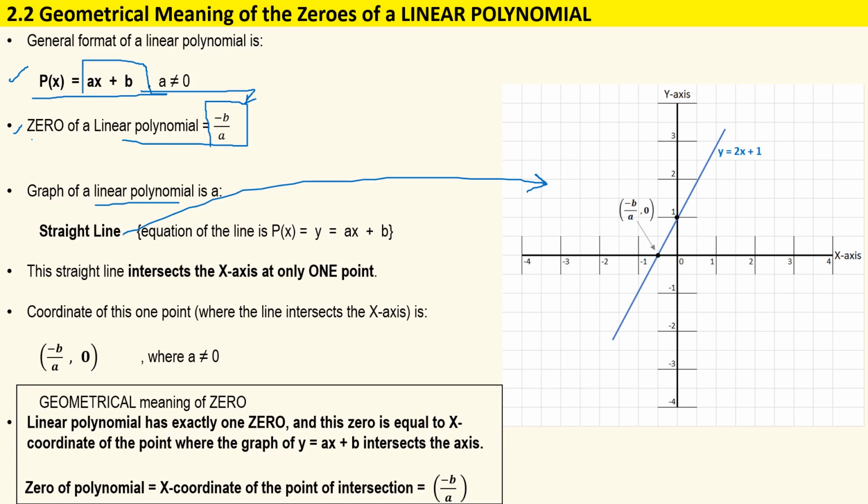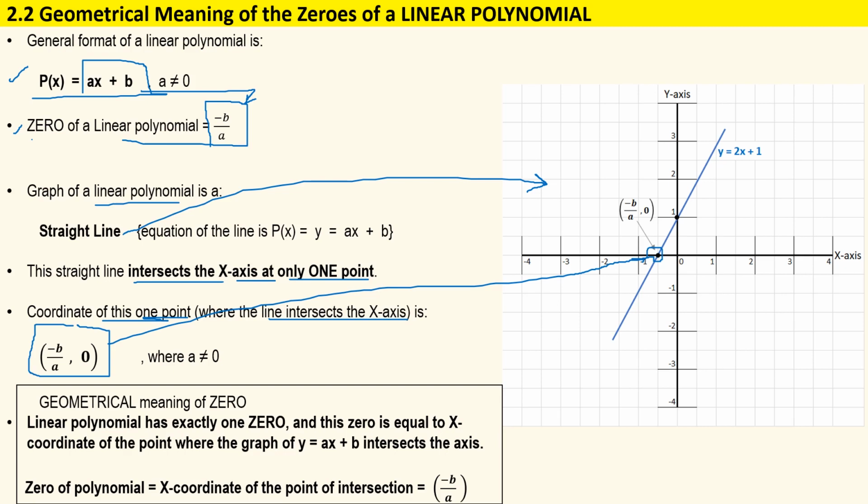And we know that the straight line intersects the x-axis only at one point, and the coordinate of this one point where the line intersects the x-axis is minus b by a comma 0. So that is the point which is shown here, where the intersection of this line is happening with the x-axis.